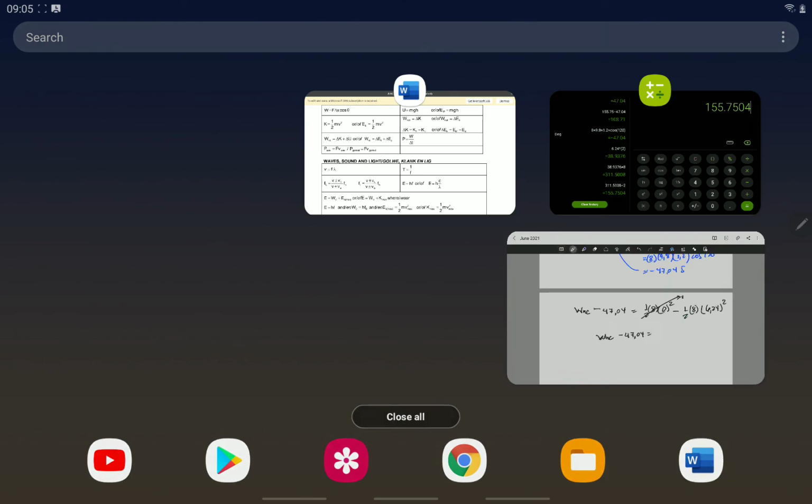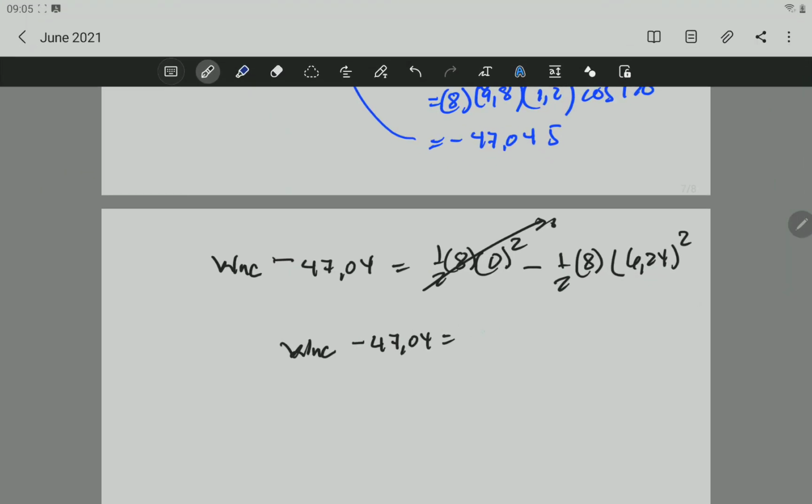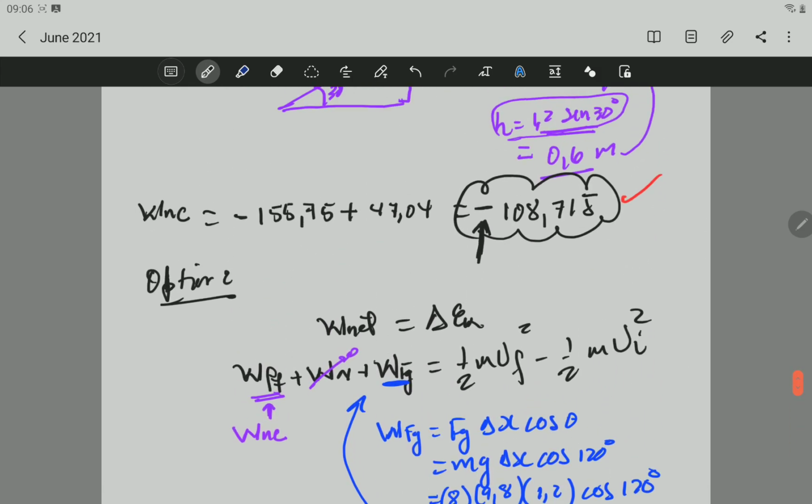So negative 155,75. So work done by the non-conservative forces is equal to negative 155,75 plus 47,04, and that will give you the final answer, which is exactly the same as you see here.